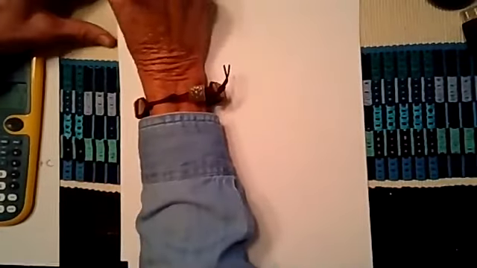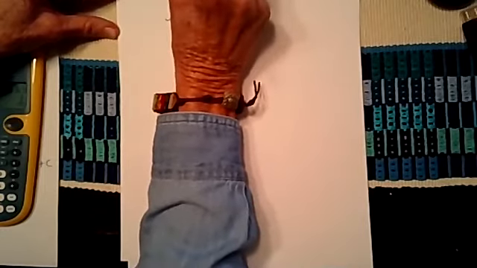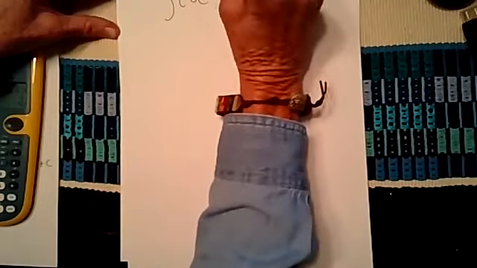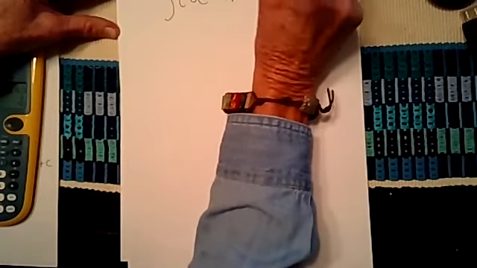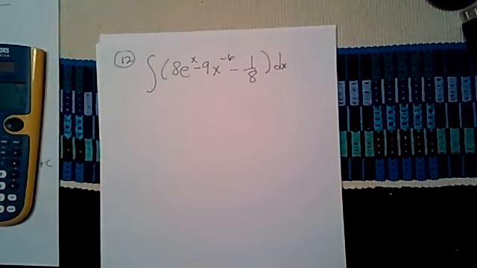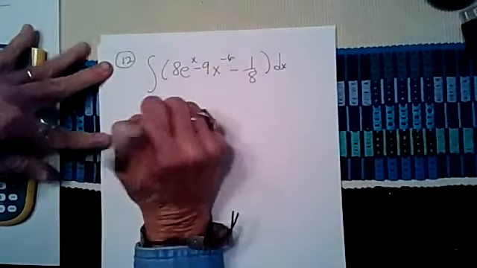Let's look at question 12. This is the integral of 8e to the x minus 9x to the negative 6 minus 1 over 8 dx. Okay, you see that 1 over 8, you think it's a fraction, maybe I have to move something up, but you don't because there's no variable there. So we're ready to go. We're going to apply the rules.